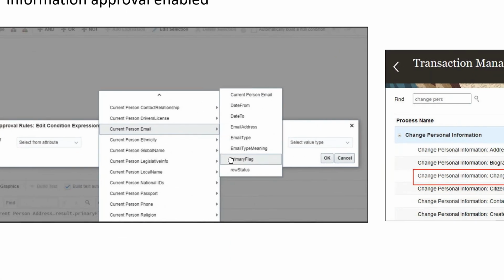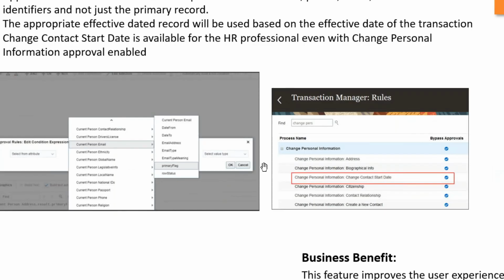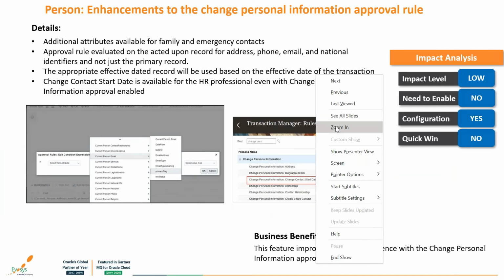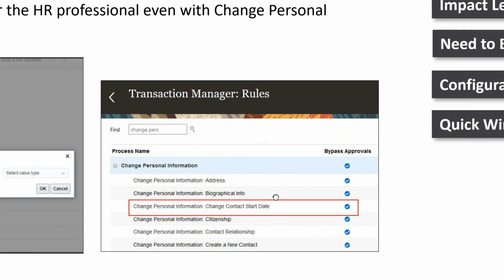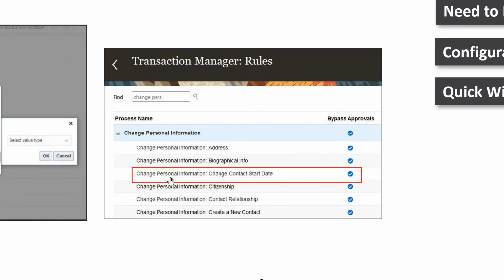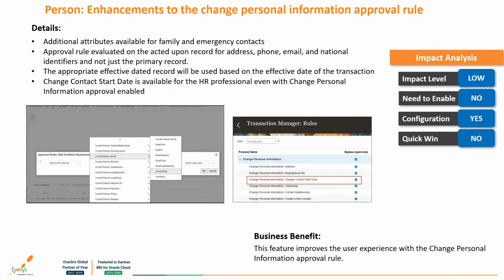Based on these, Oracle has enhanced the approval rule based on the options available for change personal information. For example, an employee wants to change contact information. Based on that specific request, we can set an approval rule so that any action an employee takes in their personal information goes for approval.